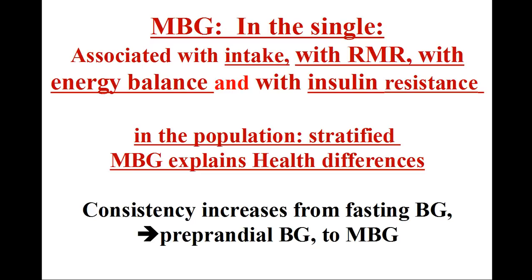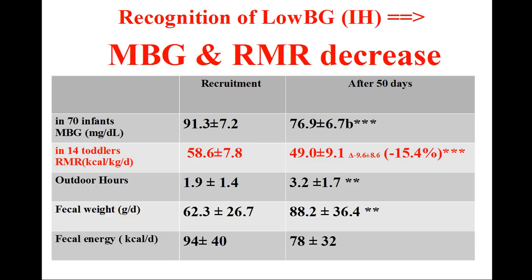Fasting Bg's level largely depends on the start time of the post-absorptive period and dinner energy intake. Recognition of low Bg, initial hunger, causes a decrease in MBG and in RMR.